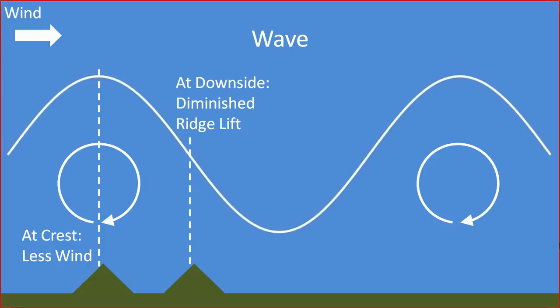If you're on the downside of the wave, then your wind may not be affected much, but there will be diminished lift because there's a negative vertical component to the air here. And this can be puzzling.